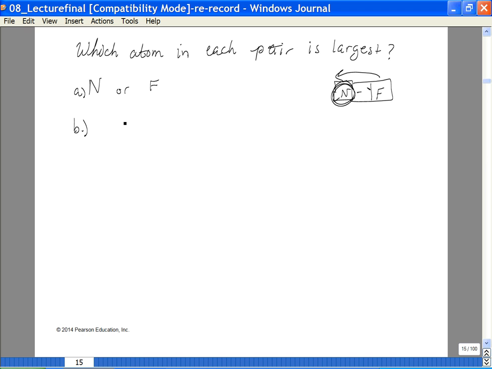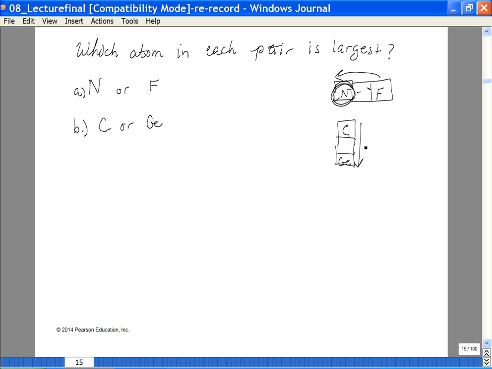Looking at another pair, carbon or germanium. If you look at the relationship between the two atoms on the periodic table, they sit in the same column, with carbon sitting 2 spaces away from germanium.